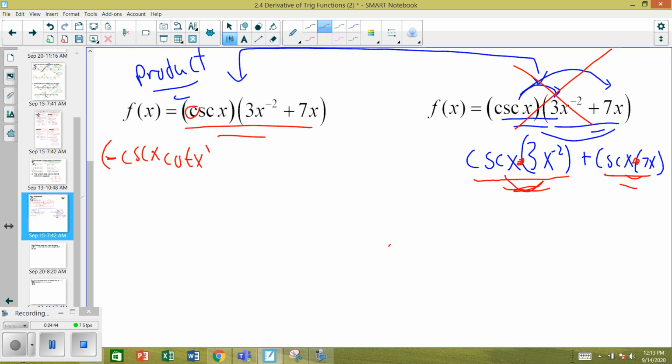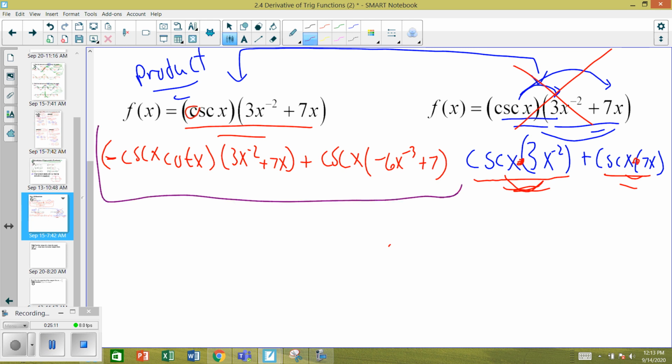So derivative of the first, keep the second the same, plus keep the first the same, and derivative of the second, the derivative of 3x to the negative 2 is going to be negative 6x to the negative 3, and then plus 7. Okay. Now, in order to simplify this, again, real simple, all you're going to do is just box it, and you're done.